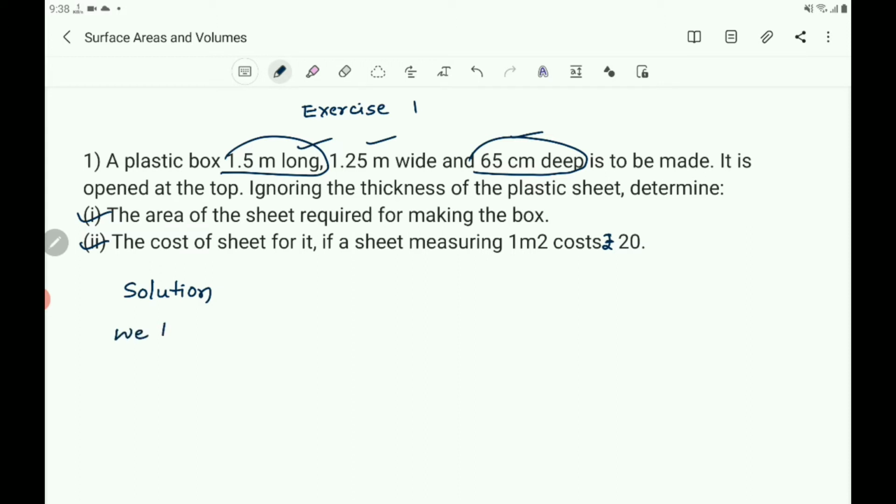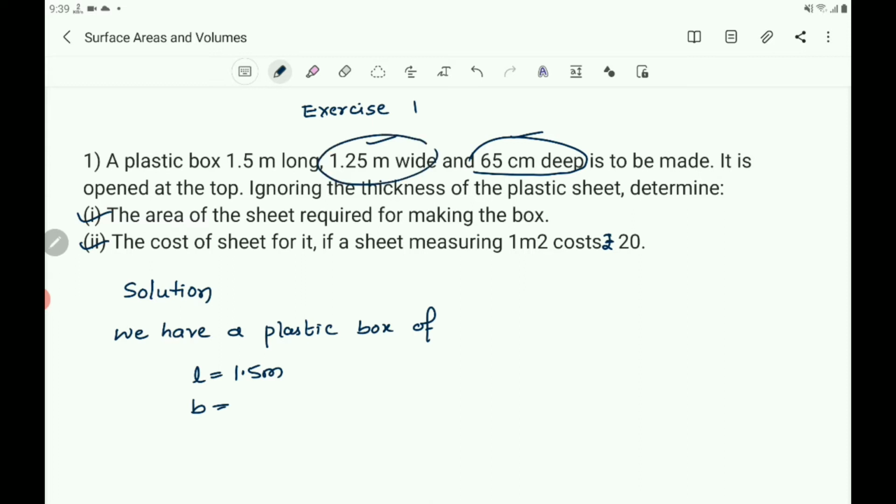We have a plastic box of length L equals 1.5 meter, breadth B equals 1.25 meter, wide, and H equals 65 centimeter.